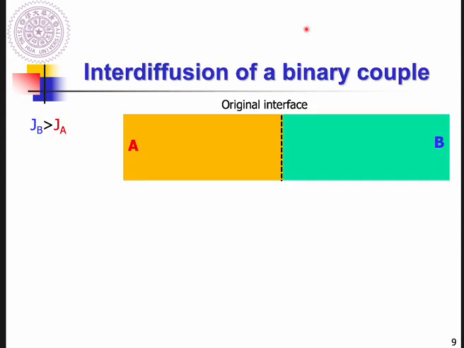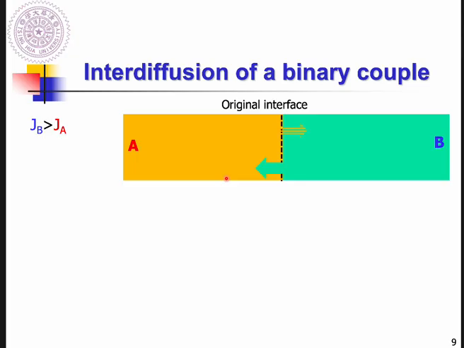Okay, then a quick review, and I hope you already have some idea of the difference between the intrinsic diffusivity and interdiffusivity. What we have here is an A-B diffusion couple, but in this case, JB is larger than JA.